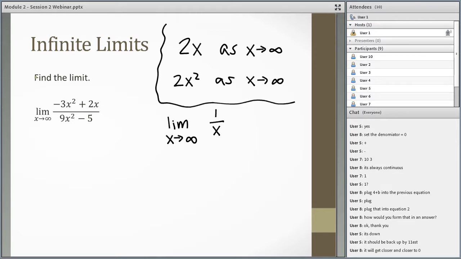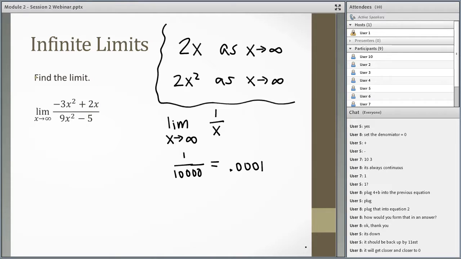Well, I could choose larger and larger x values, kind of like how we chose numbers closer and closer to 0 in the last webinar. We could say, let's plug in 1 over 10,000, for example. I'm just choosing a large x value. This is what I would get.